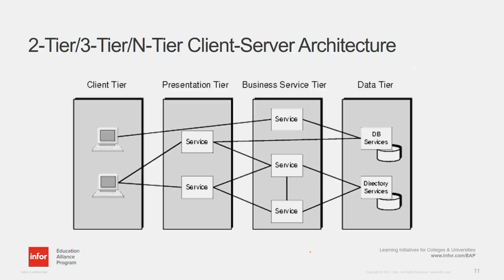You can also have an n-tier or multi-tier architecture, where you have the clients on one tier. These clients could be mobile clients, smartphones, mobile devices, laptop computers, tablets, desktops, and so on. Then you have the presentation tier, which is set up as a service.